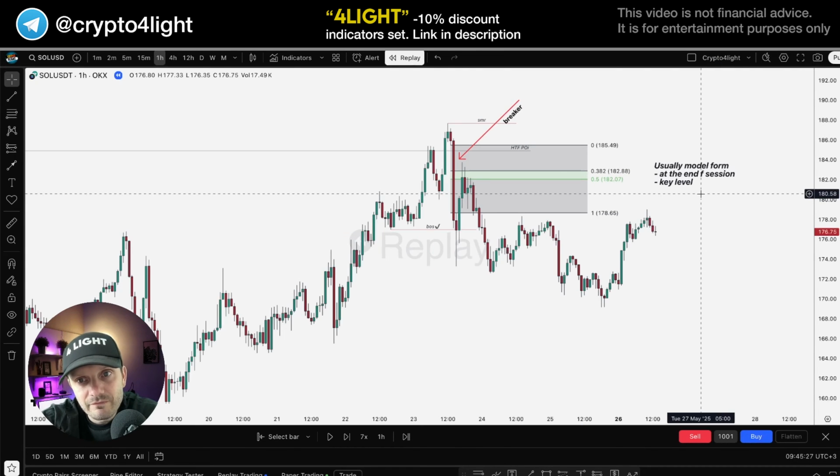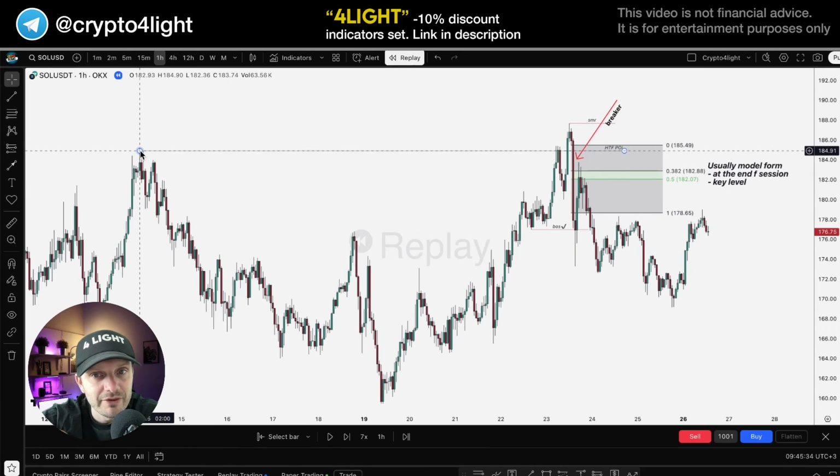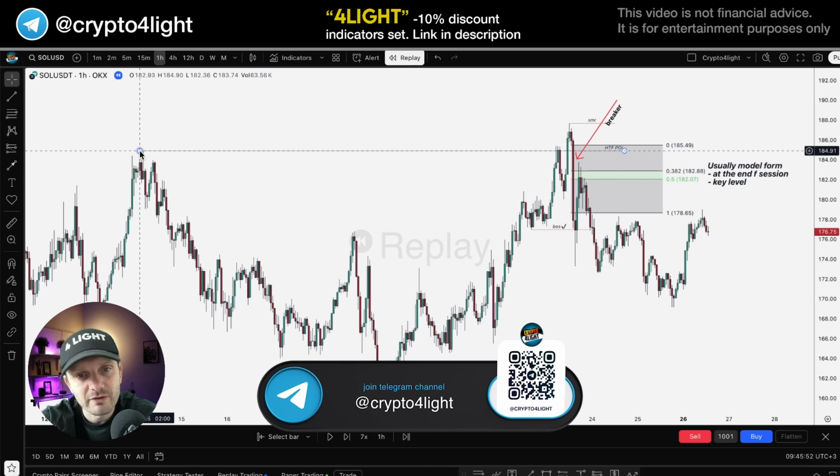And I noticed this model usually forms at the end of the session or inside the session, but when we sweep the higher time frame point of interest of the previous key level. It can be the previous day high, previous week high, previous month high, all-time high, or something like this one. Vice versa for the previous day low, previous week low, previous month low.